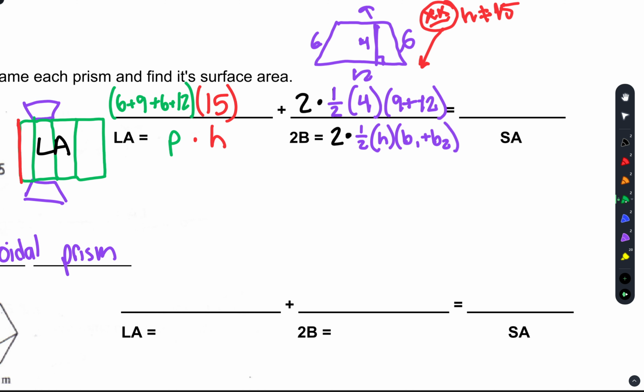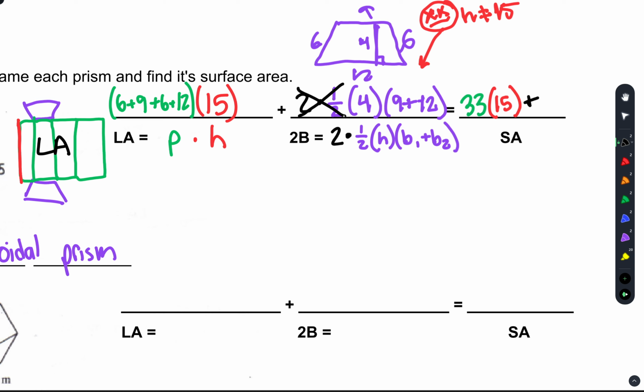So I would put into my calculator 6 plus 9 plus 6 plus 12 is 33. 12 plus 21, yeah, 33. Times the height, which is 15. Plus, now this happens a lot because a lot of our formulas have a 1/2 in them, but 2 times 1/2, they end up canceling each other out quite often.